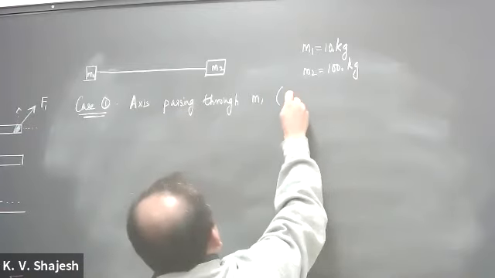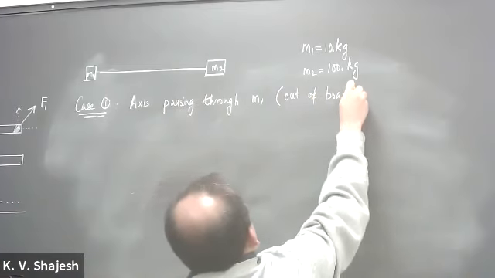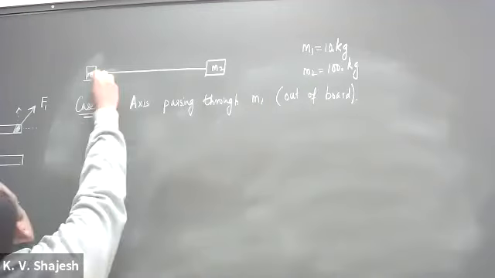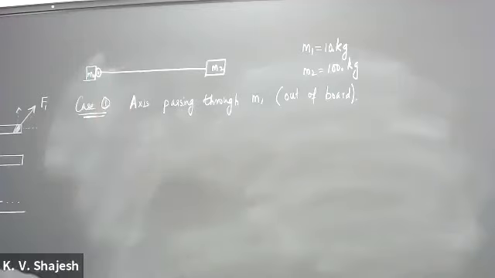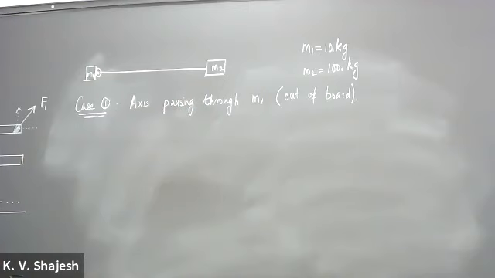And let us say I provide a torque to this particular system. So there is an axis right on top of M1, and I try to rotate this, and I don't specify where I'm exerting the force. If I have to rotate this, I have to actually exert a force somewhere. But I do not specify that, primarily because I want to keep my torque fixed.